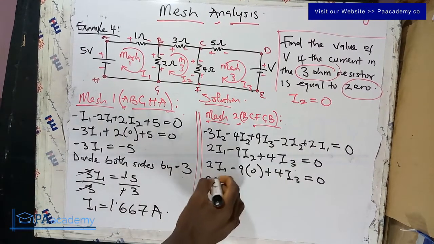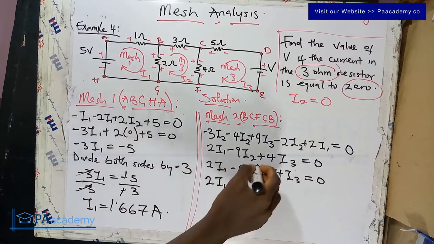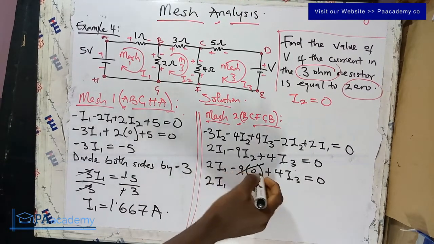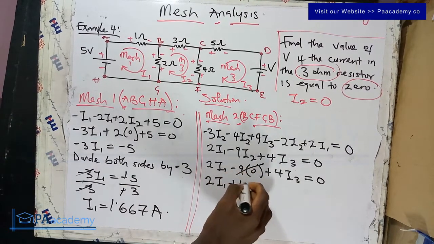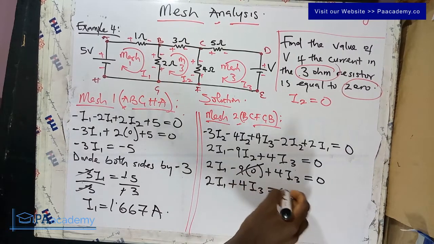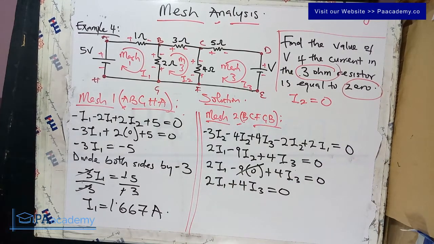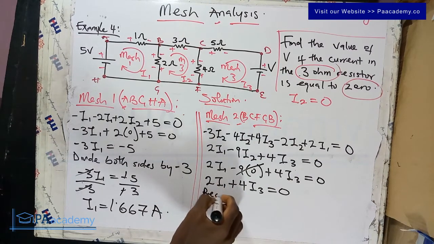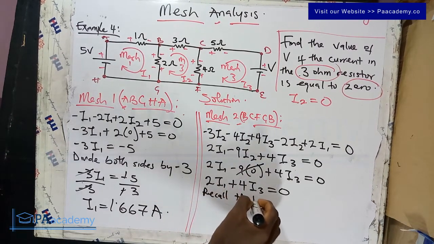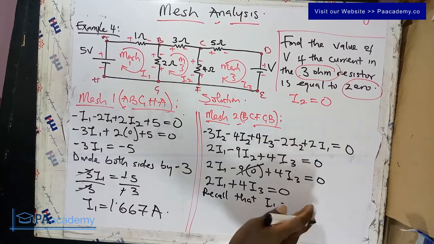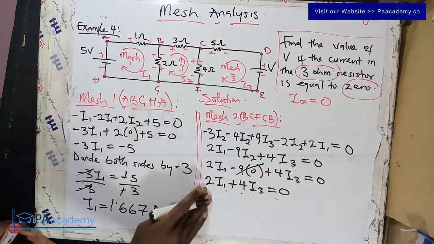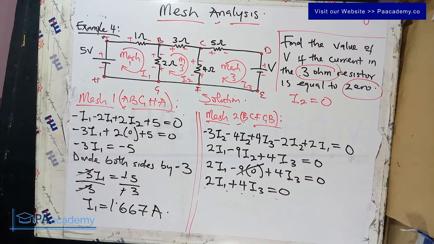So we are going to have 2I1. This is automatically cancelled out. Minus 9 times 0, that's 0. Plus 4I3 equals 0. Now, with what we have here, we should recall that I1, let me use my red pen to write that.